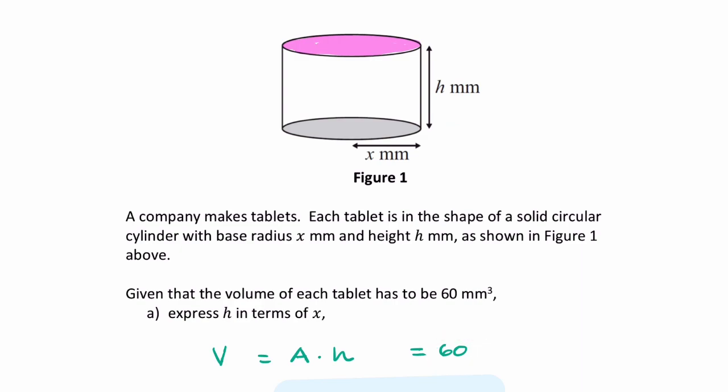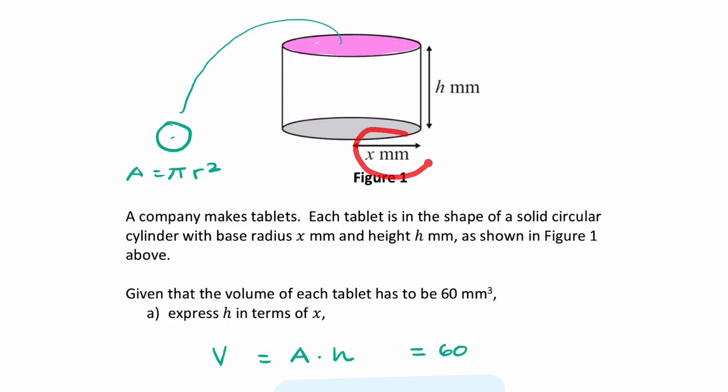And the area of a circle is simply pi r squared. So this circle area is simply pi times the radius squared.